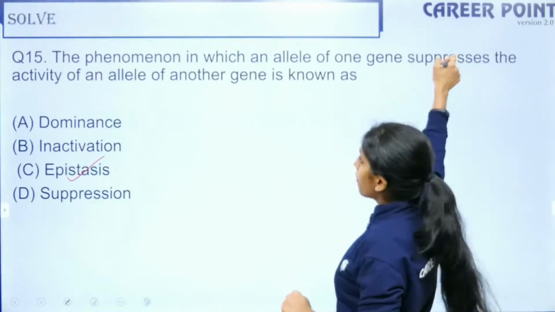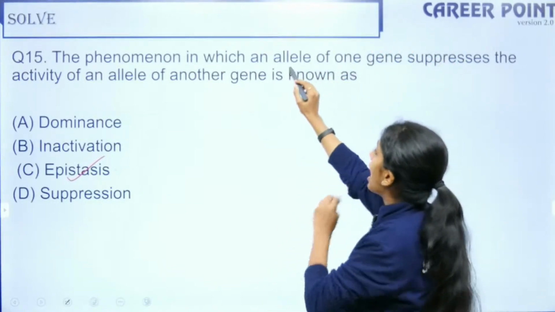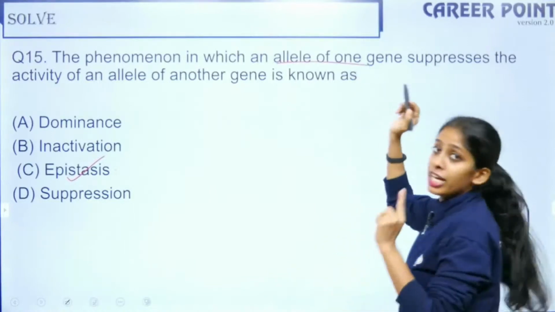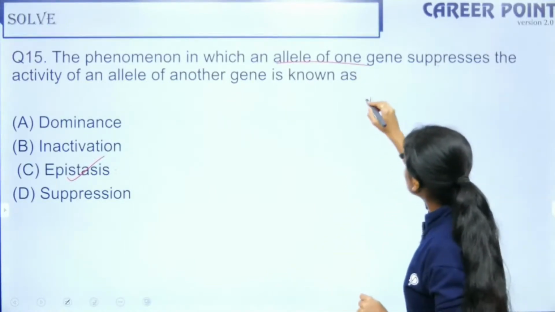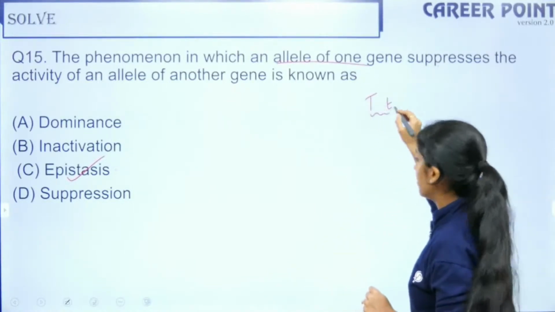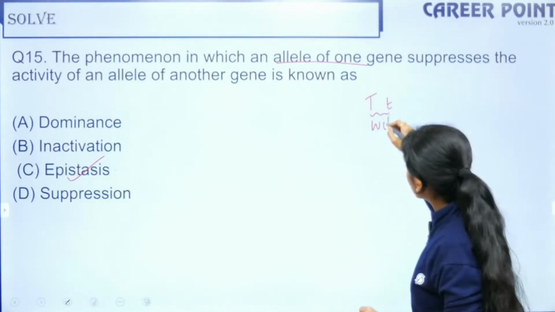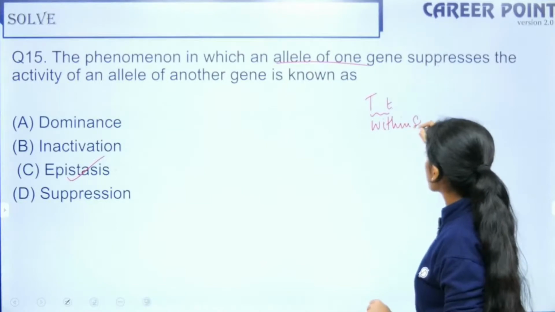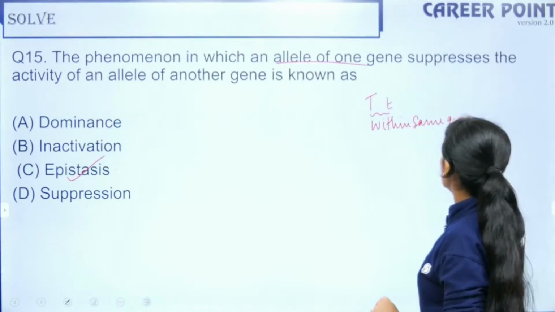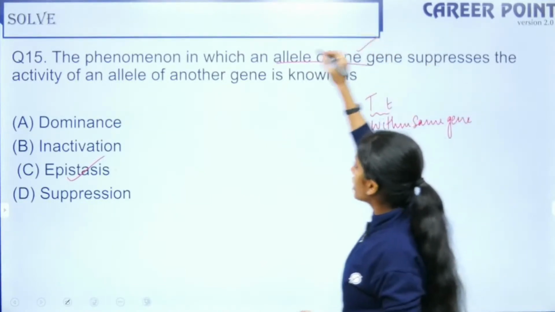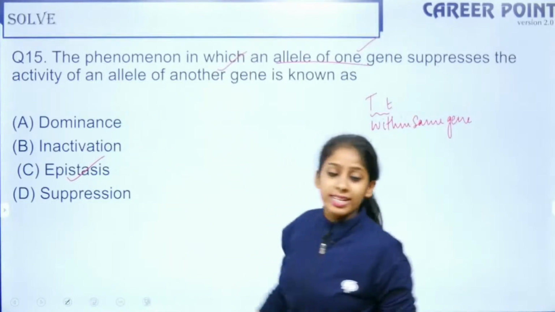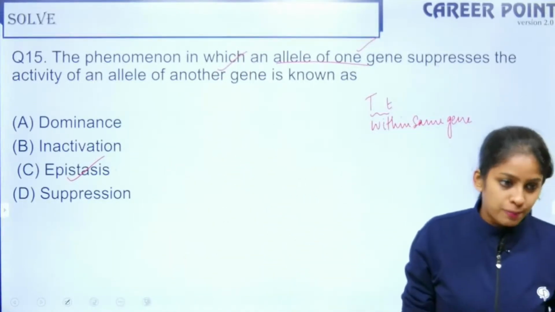In dominance, one allele suppresses another allele within the same gene. Here you have one gene and another gene, so it is epistatic interaction.